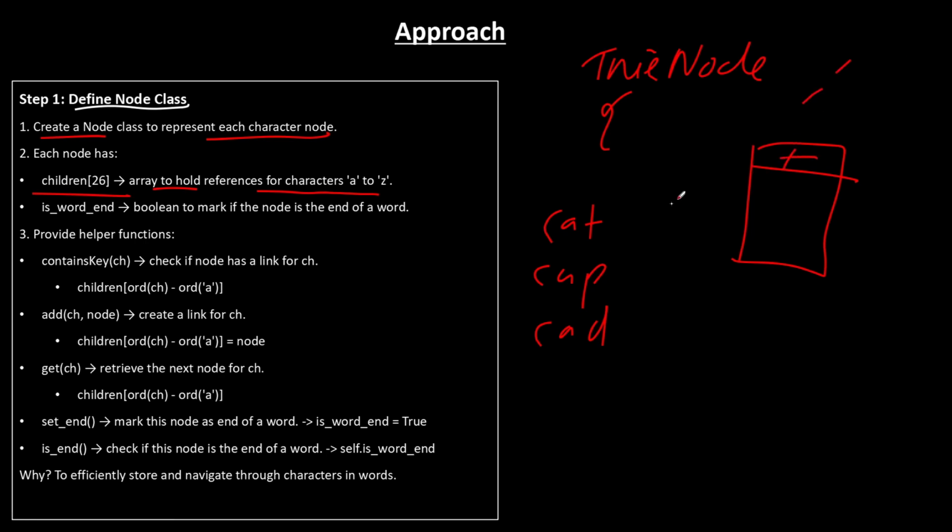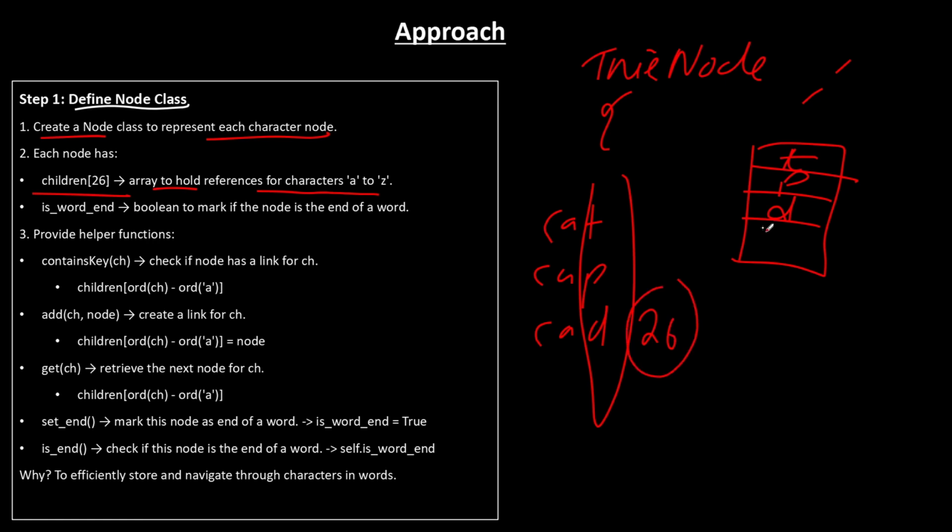Since t was there initially, then p was added, then d was added. There could be a case that all 26 characters need to be stored in a particular reference. That is why we have a size of 26.